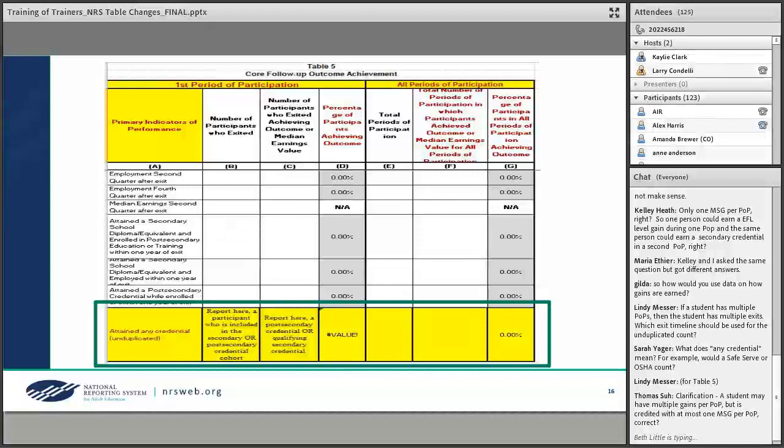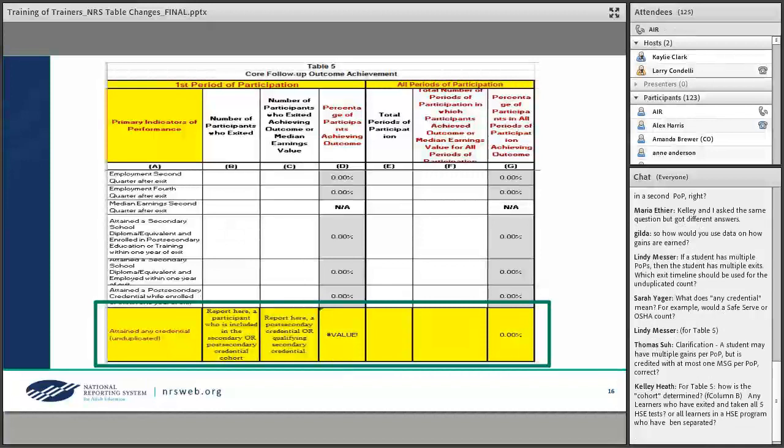Well, I think Sarah's question may be even a little simpler than that. When we say any credential on Table 5, what we mean is if you reported them as a positive outcome for the secondary credential row above that, or the post-secondary credential row above that.